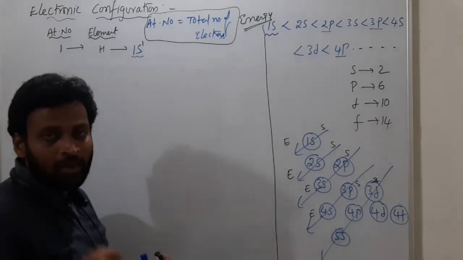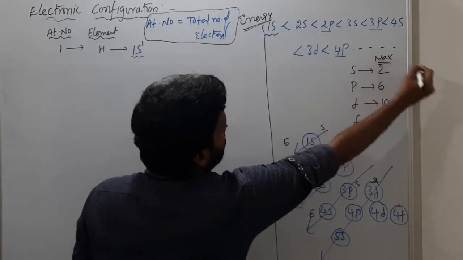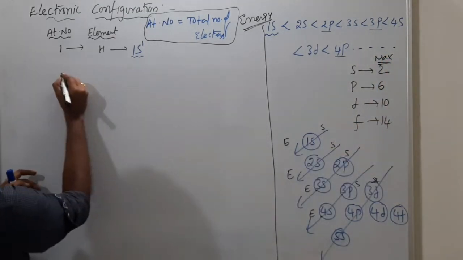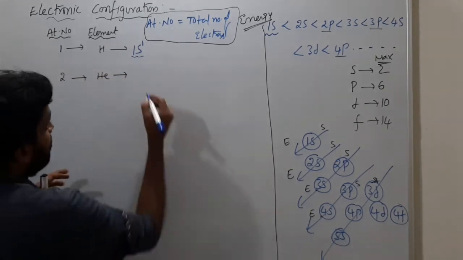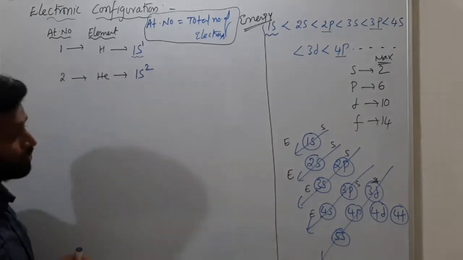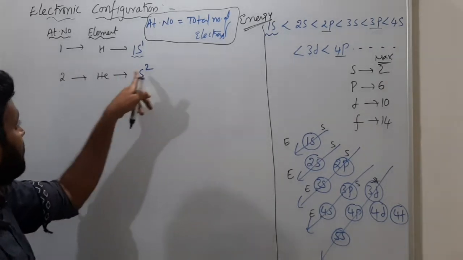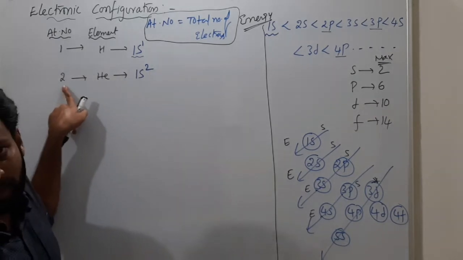But s can have a maximum of how many electrons? Maximum 2 electrons. So the next element is helium. In that also we fill electrons in 1s only, but we write 1s2. So in helium 2 electrons are present, which is equal to the atomic number.